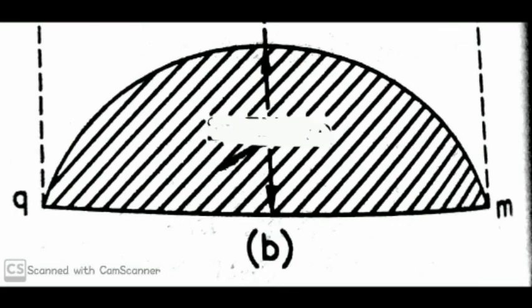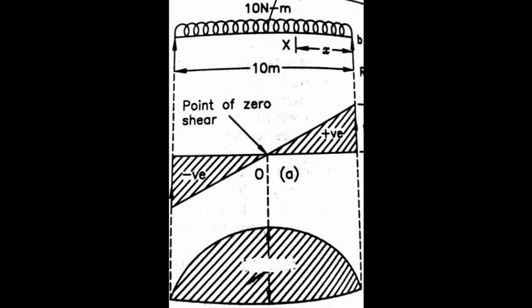Let's see the next slide. Here we can see an example of this: first we draw the loaded beam, after that the SF diagram, then the BM diagram. But here we can see one thing: where the SF sign changes, that means the SF value is 0, the BM is maximum.